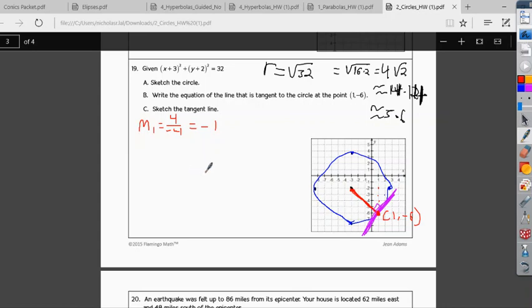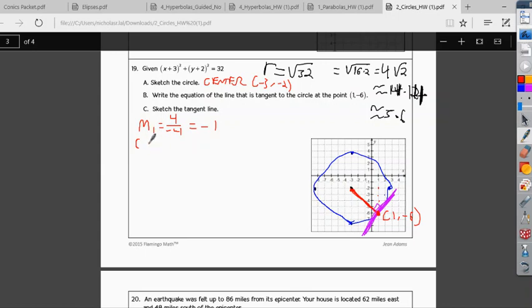And another way I can calculate this is, if my center is at -3, -2, I can get that 4 by doing m1 is also equal to y2 minus y1 over x2 minus x1.